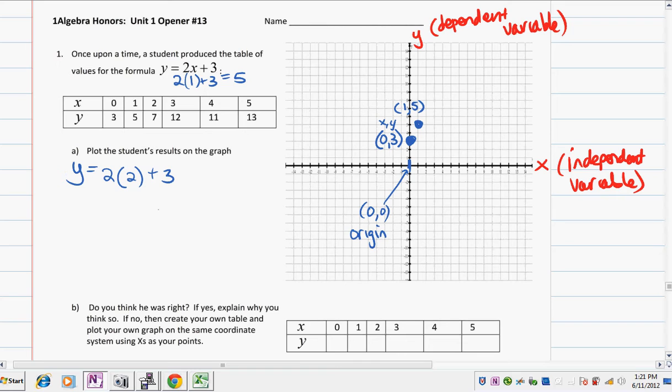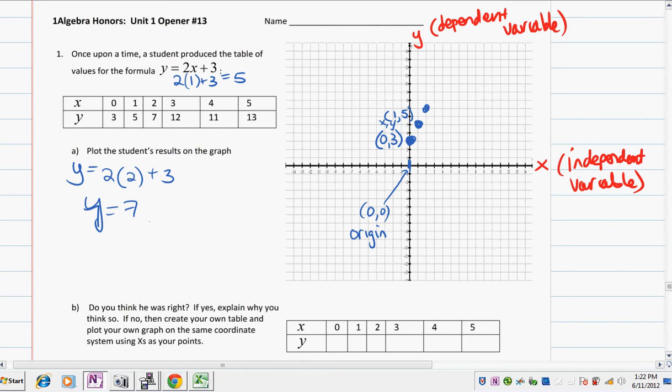That's 4 plus 3 is 7. So y is 7 when x is 2. So over 2, up 7. Let me move my 1, 5. Two, 7.